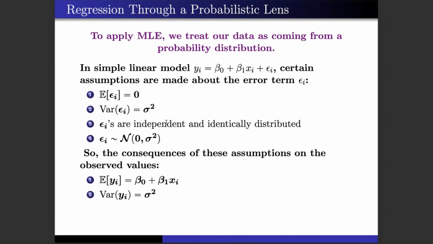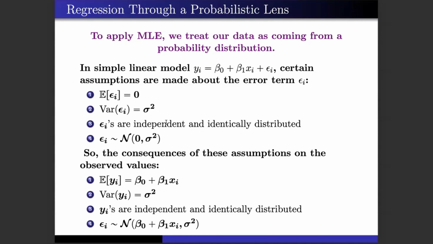The consequence of the second assumption is that the variance of yi is sigma square for all i. The consequence of the third assumption is that all yi's are also independent. And the fourth assumption gives that the yi's are also normally distributed. And the consequences of these assumptions play a foundational role in the maximum likelihood estimation method.